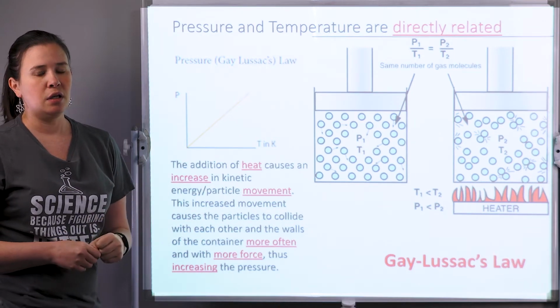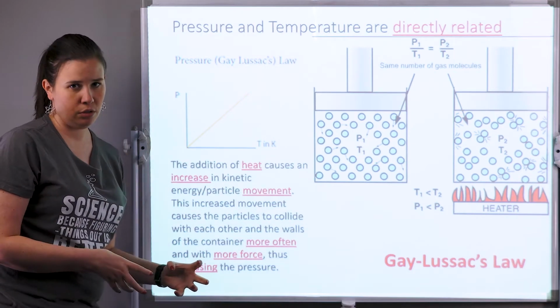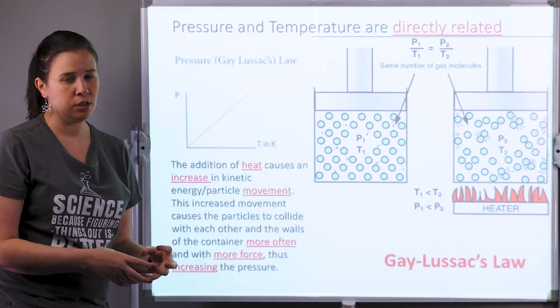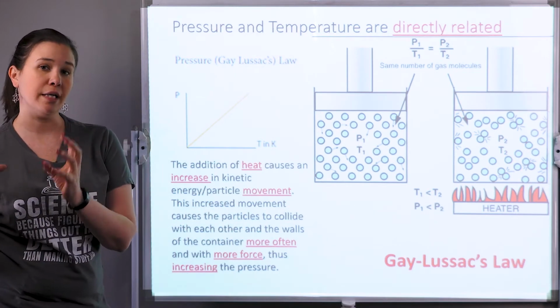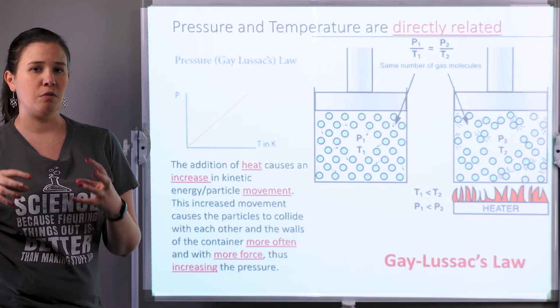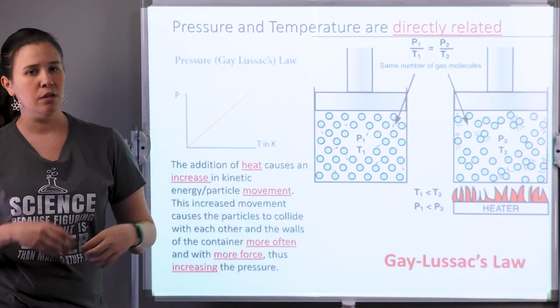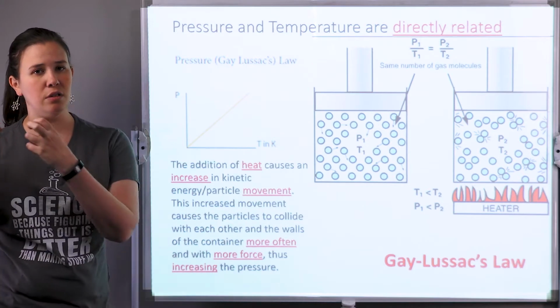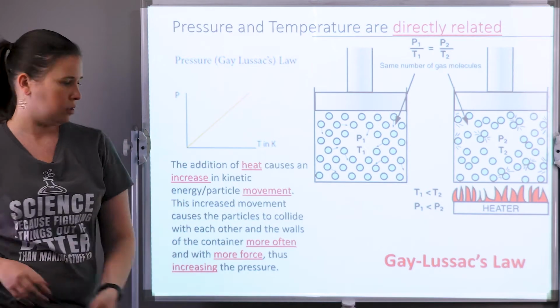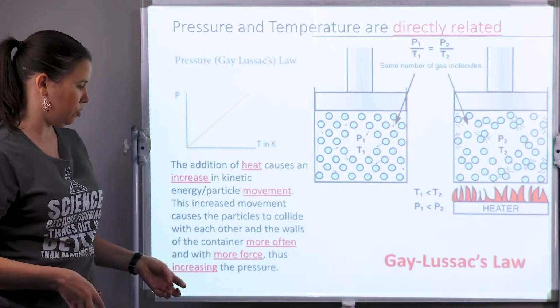According to KMT, if we increase the temperature, adding that extra heat energy, that's going to be converted into a higher kinetic energy. And you may remember kinetic energy is equal to 1/2 mass times velocity squared. So if I have a higher kinetic energy, particles are literally moving much faster, so that velocity increase is very dramatic.